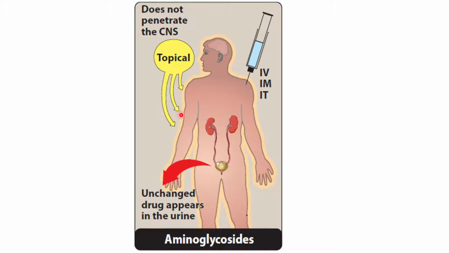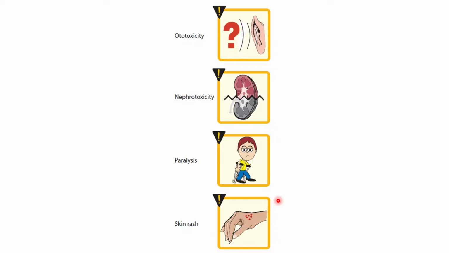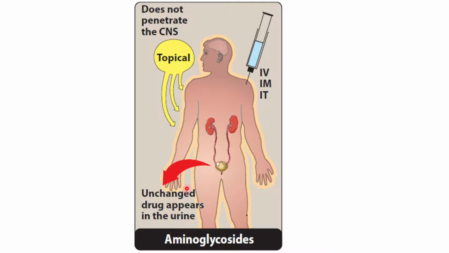Topical administration is also available for skin diseases, and the drugs are eliminated by the urine. They are also eliminated unchanged, which is why they can be used for diseases of the blood.